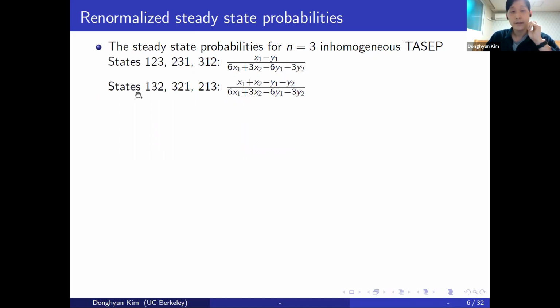And for these three states, this is the steady state probability. You can observe that these three states are cyclically equivalent, and these states are cyclically equivalent. From the definition of the inhomogeneous TASEP, there is a cyclic symmetry. So it is quite obvious that if two states are cyclically equivalent, then they have the same steady state probability.